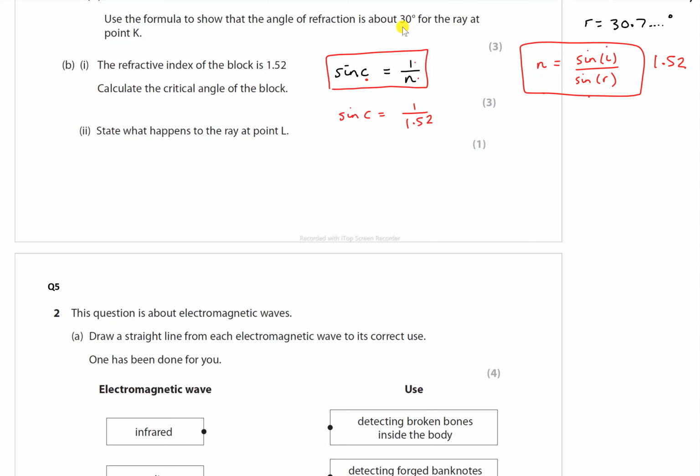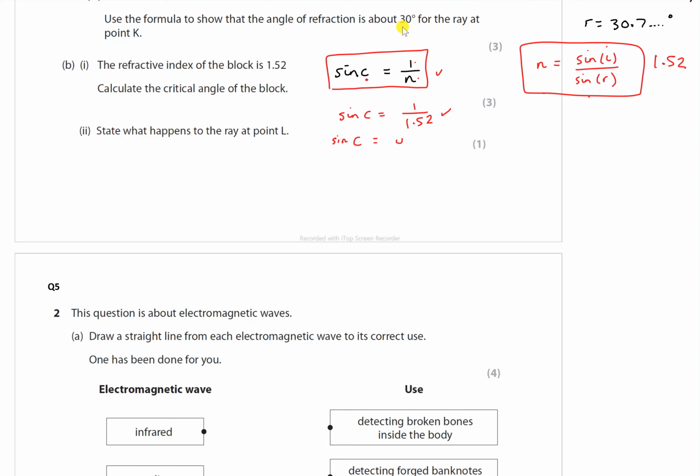Right, so write that down, rearrange it. Let's just go one step further. 1 over 1.52, let's write that down. 1 divided by 1.52 equals that.